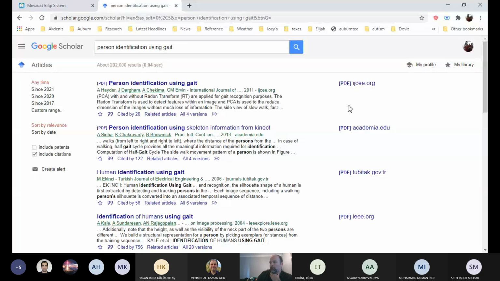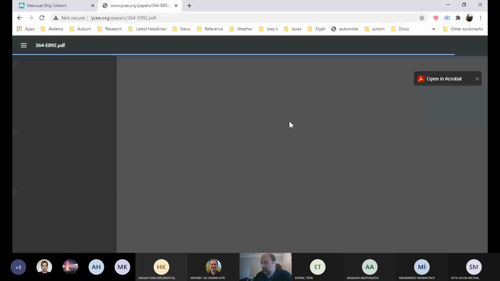All right, and if it has this little PDF, you can click on that and it should download it. Right. So here we can pull up and get access to the paper directly. Just got a notification saying that my network quality is bad, so it may be that this is taking up a lot of bandwidth. Right. And so then you can take a look at this paper and see if it is related to what you're trying to do.